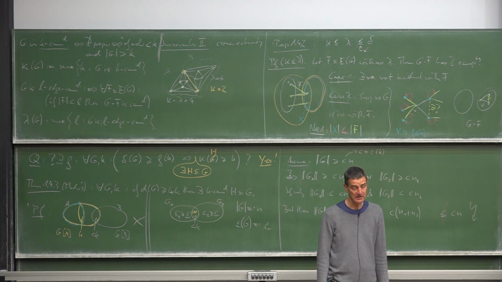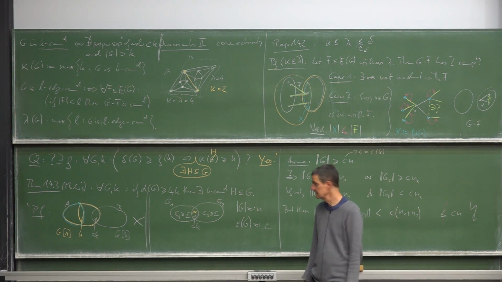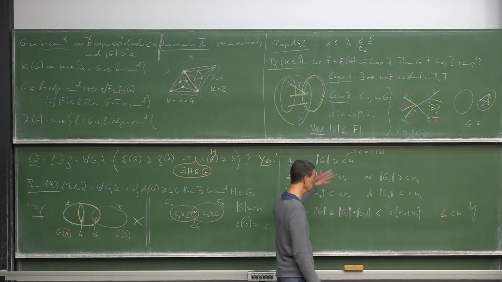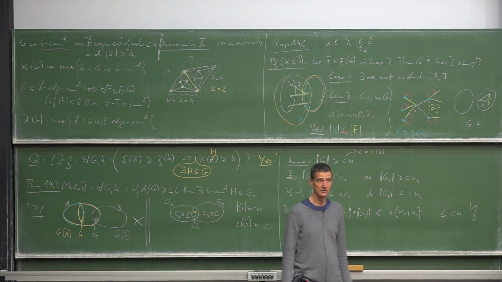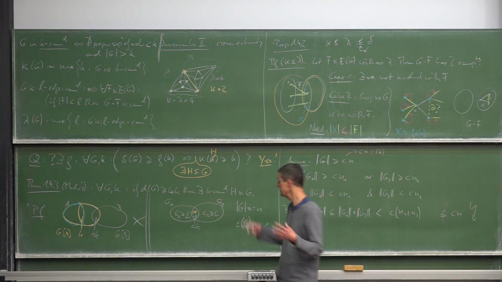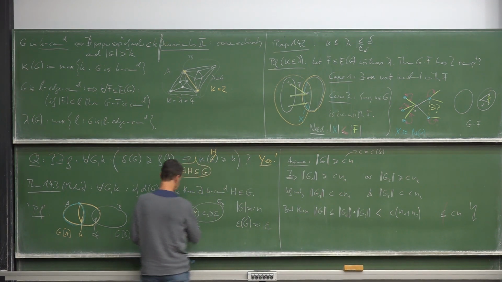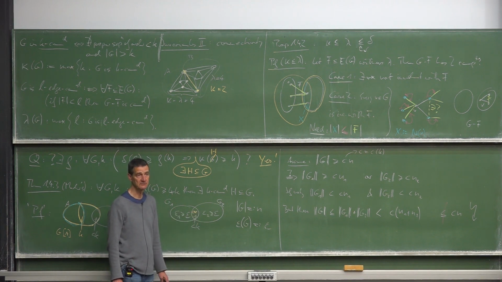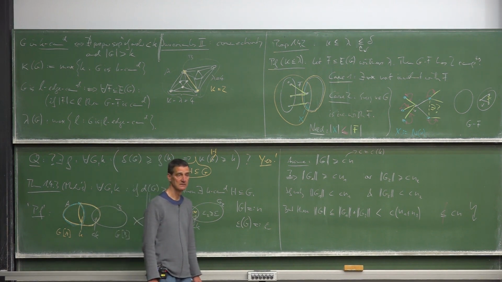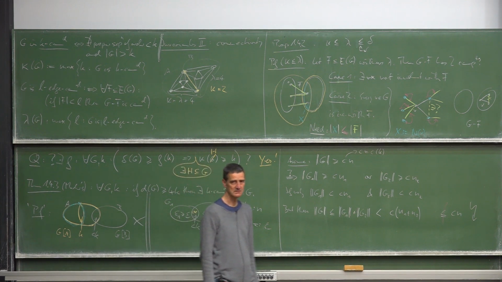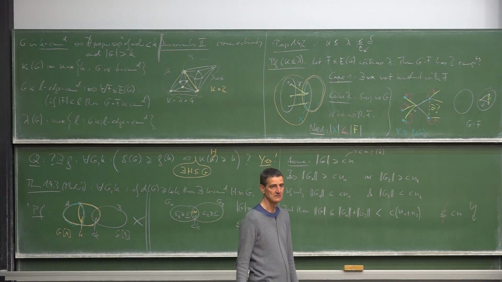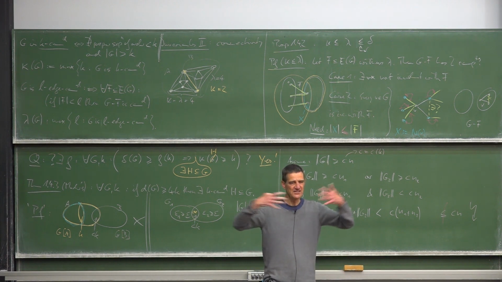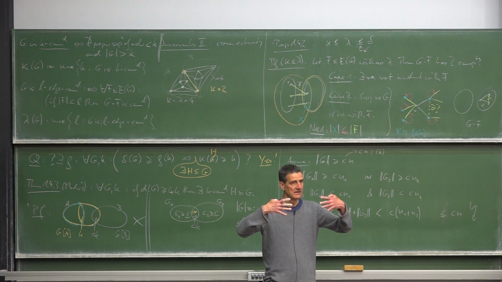Alternatively, it might be the case that what we're trying to prove is really false. So could it be that, at least for an arbitrary separation, neither side has epsilon, at least the original epsilon? Could that happen? The idea was, well, it can't happen because we have a certain edge density, right?